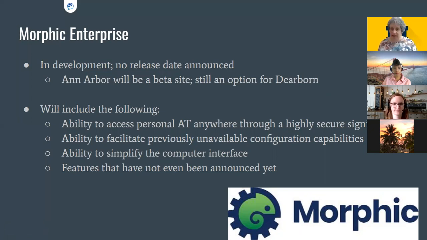It's going to be very confidential. The ability to facilitate previously unavailable configuration capabilities for assistive technology, the ability to simplify the computer interface, and other features that haven't even been announced yet. There's a tremendous amount that people will be able to do with this.